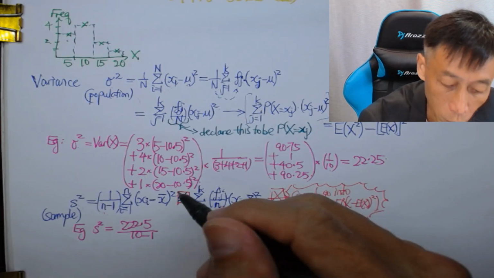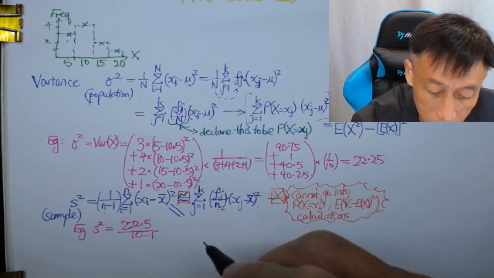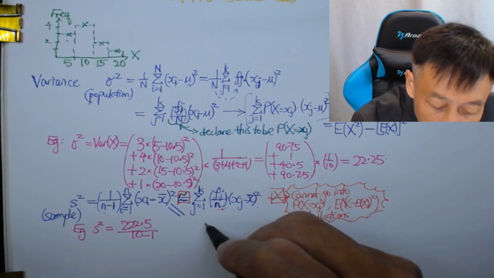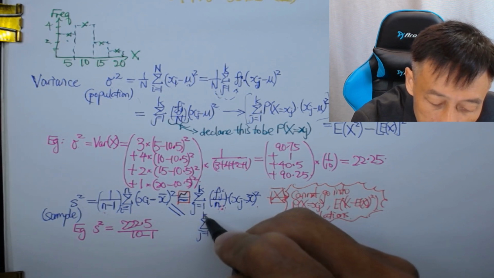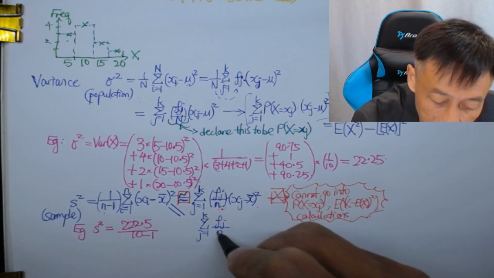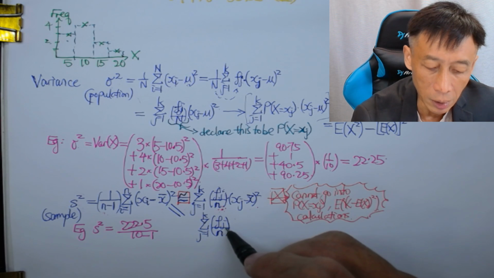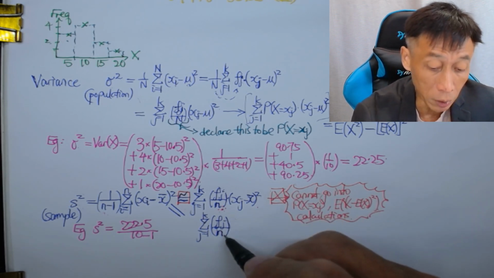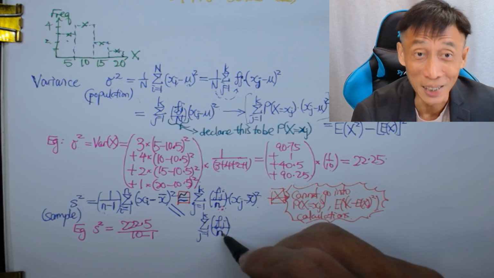Okay, so if we want to be exact, then we take the relative frequencies given by other people like this, because they have divided by n, not n minus 1, right? So other people give us the relative frequencies. We can use that relative frequency because we will need to know the sample size.